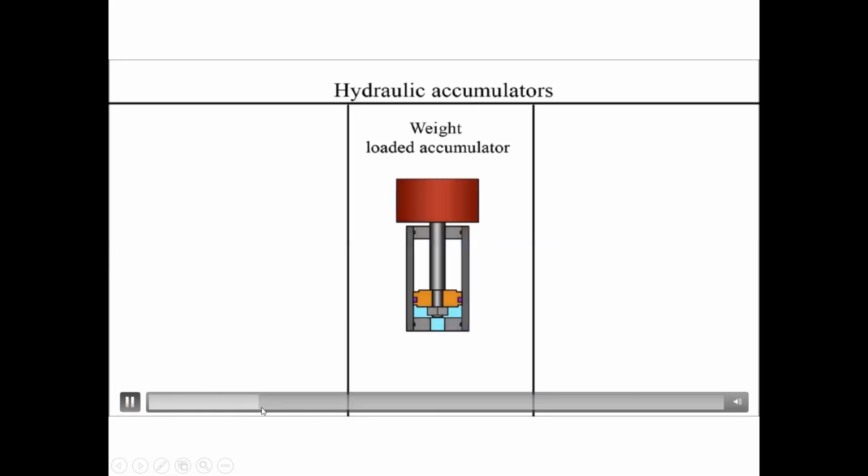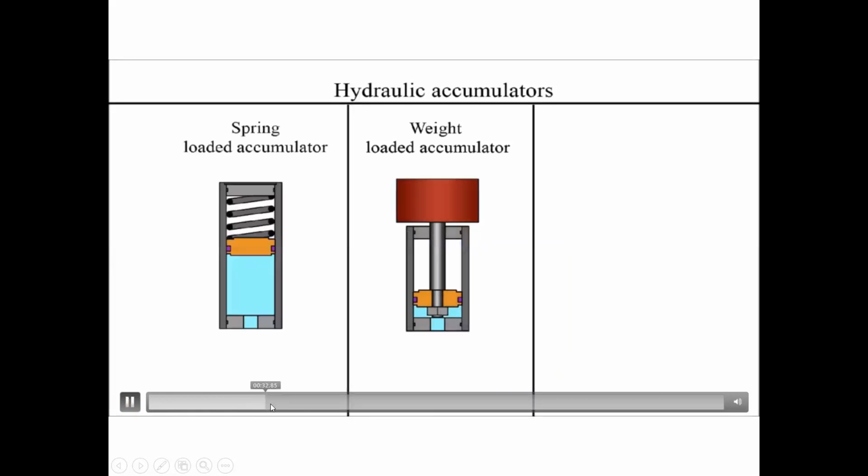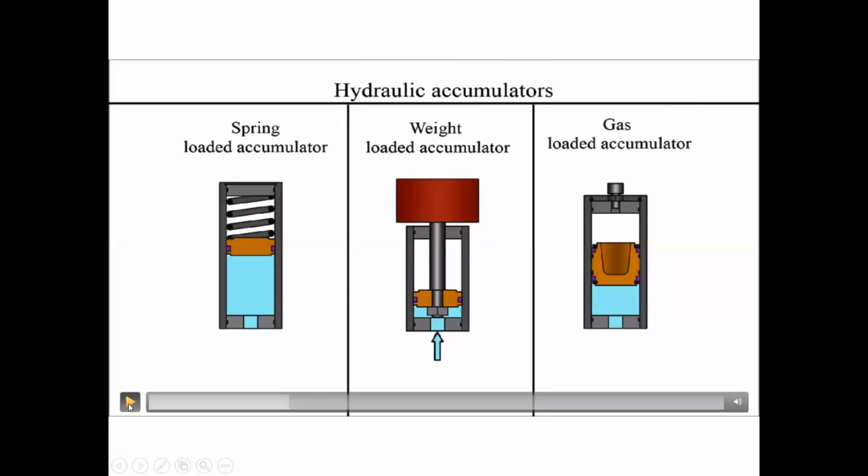So you can see here these are the normal three types of this accumulator. Gas loaded accumulator again has its different types.